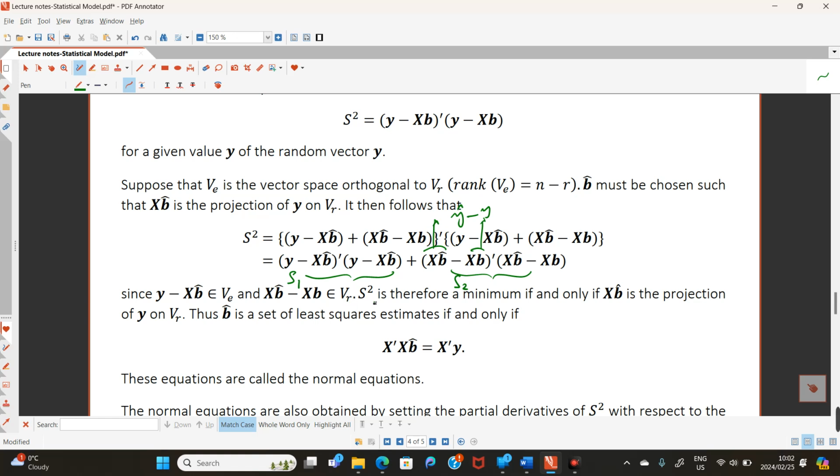Therefore, S squared is minimum if X B hat is the projection of Y on VR. But now, if you remember the meaning of projection, how can we find a projection? Then it gives this interesting relation which we call the normal equations. And from this expression, you will then be able to find B hat.